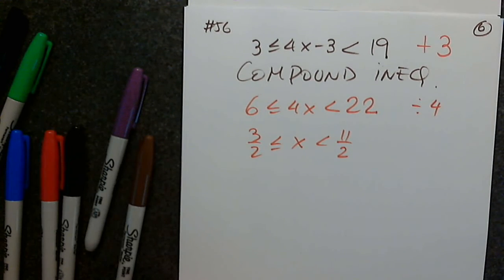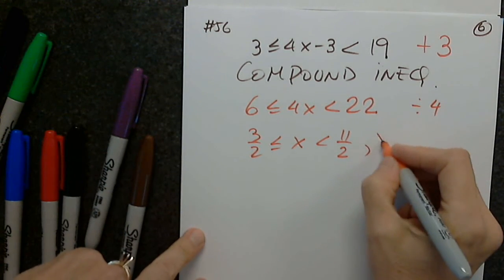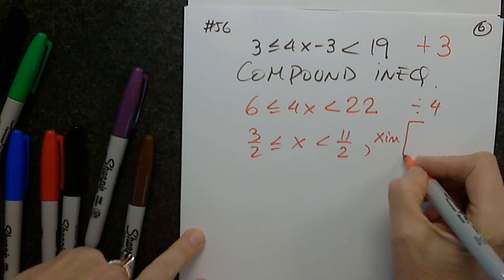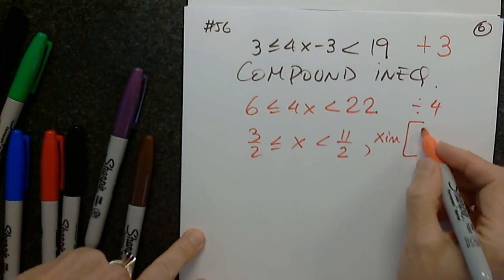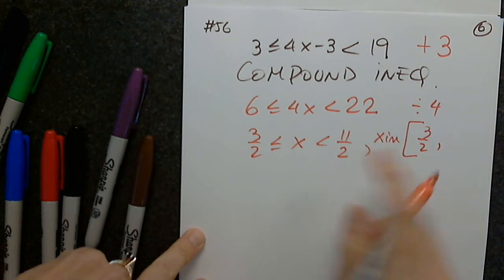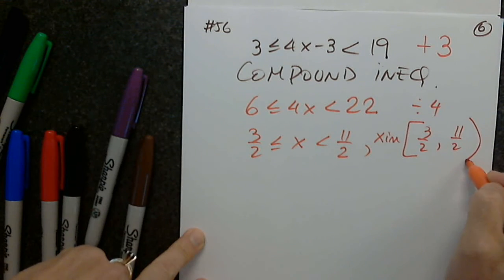I simplified. Now, this is the interval notation that I have to present. All I have to do is put a bracket at 3 halves and a parenthesis at 11 halves. So I will say x is in the interval, bracket because of the equal symbol, 3 halves, comma, 11 halves.